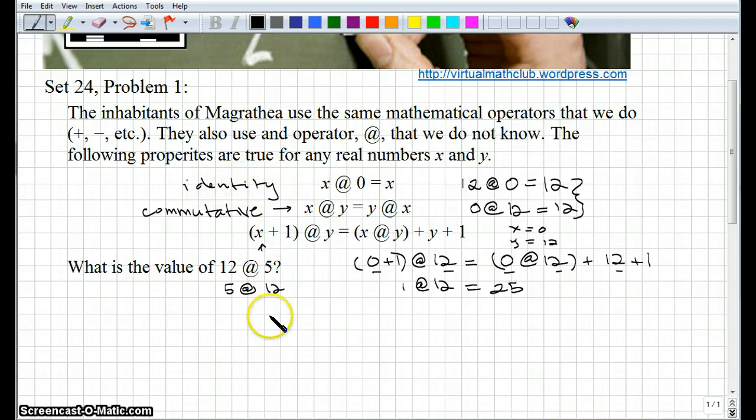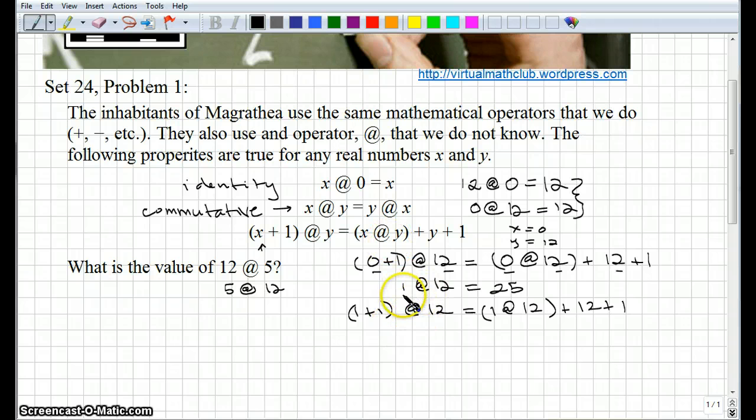Okay. Alright, so let's keep going with this. I can now say that this is x and this is y, and plug it into this third property here. And so I'll say 1 plus 1 at 12 is equal to 1 at 12 plus 12 plus 1, right? Again, I'm just substituting for x and y in this property.